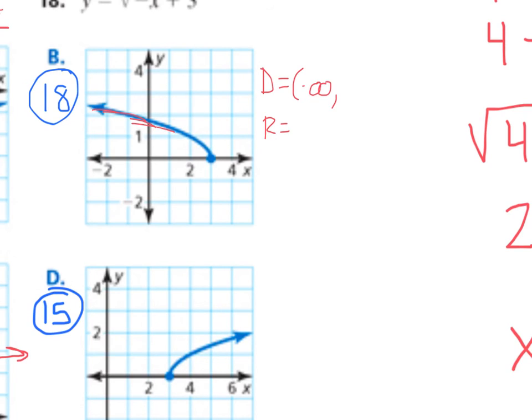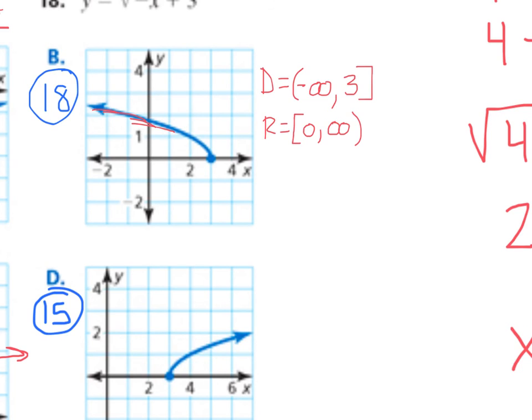And then it comes all the way to 3 right here. So it goes from negative infinity all the way to 3. And then the range, it starts here and it goes up forever. Well, this isn't 3. Remember, when we're talking about range, we look at the y-axis, and on the y-axis, that's 0. So it goes from 0 to positive infinity.